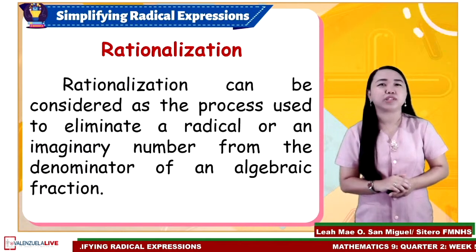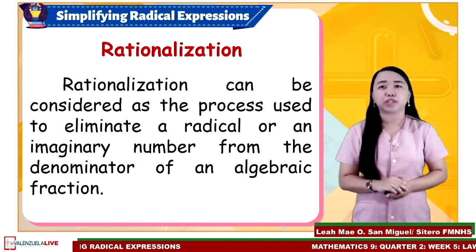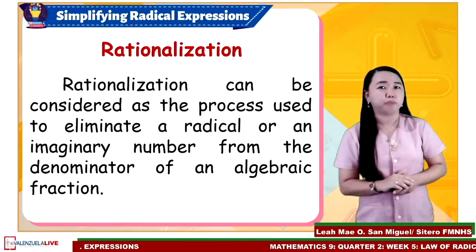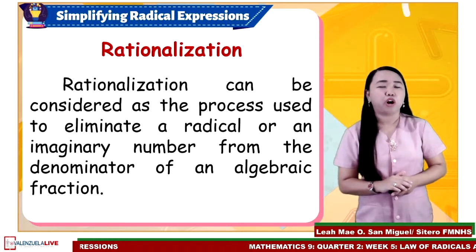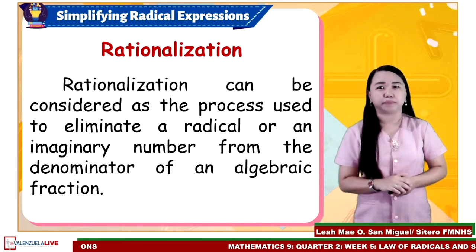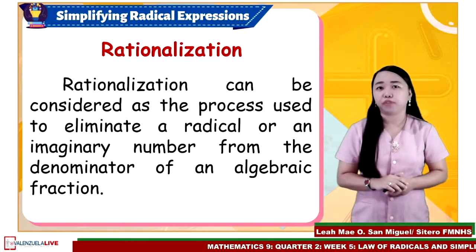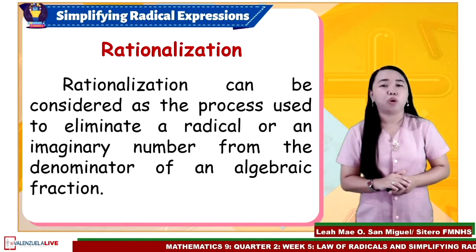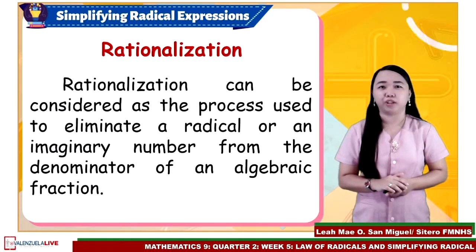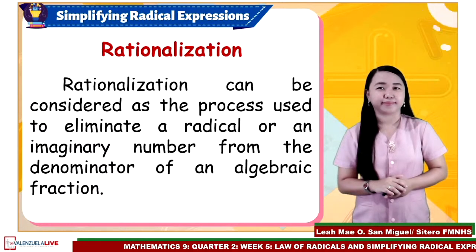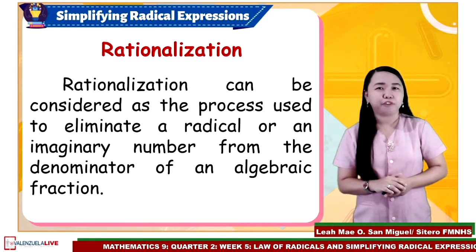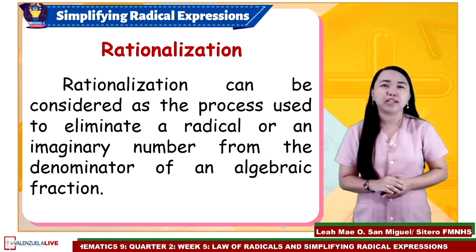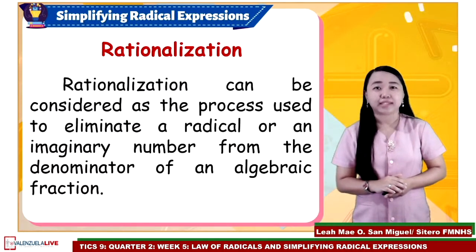Rationalization can be considered as the process used to eliminate a radical or an imaginary number from the denominator of an algebraic fraction. That is, remove the radicals in a fraction so that the denominator only contains a rational number. How do we simplify further a radical expression with a radical in the denominator? Let us see this.